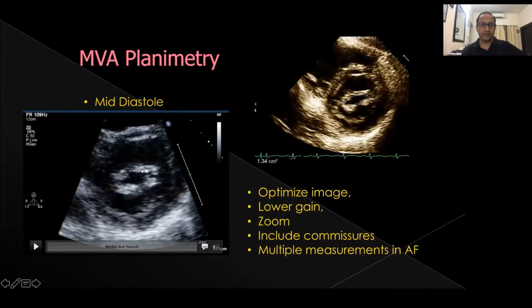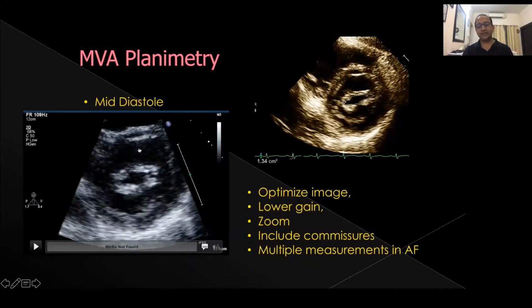Like this. You should not just end your planimetry without including the commissures. You have to include the commissures, go in, trace the commissure, come back, trace the commissure here, and then go back. So that is the right way to planimeter in mid-diastole.